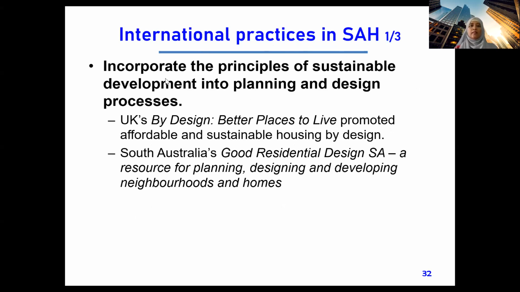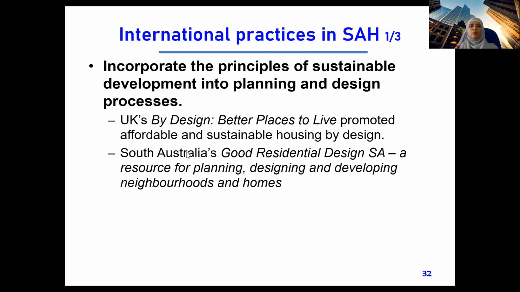The first one is to incorporate the principles of sustainable development into planning and design processes. For instance, in the UK, By Design. This one is a government policy document, Better Places to Live. So this is a government document promoting affordable and sustainable housing by design.